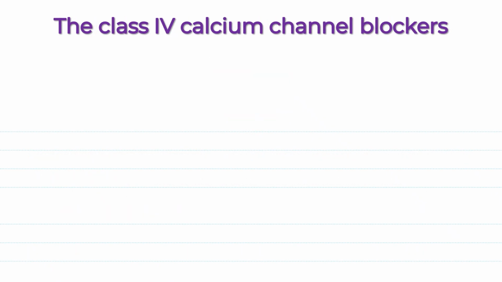Two drugs define the class 4 antiarrhythmics, verapamil and diltiazem. Both block L-type calcium channels, but they differ in structure, kinetics, and selectivity, and those differences explain their slightly different clinical profiles.